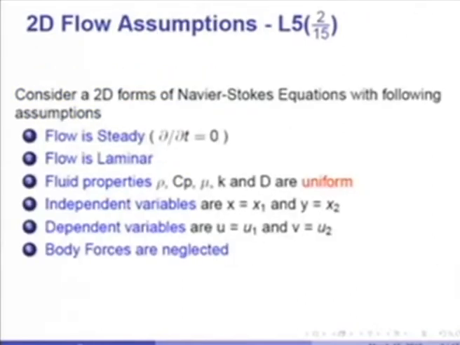Going further, we are going to make certain assumptions, because as I said, we want to avoid use of numerical methods and try and achieve as much as possible by analytical means. This requires that we make certain assumptions.